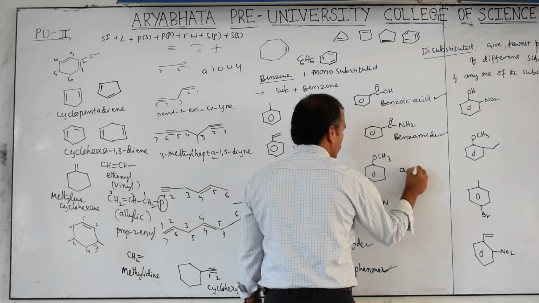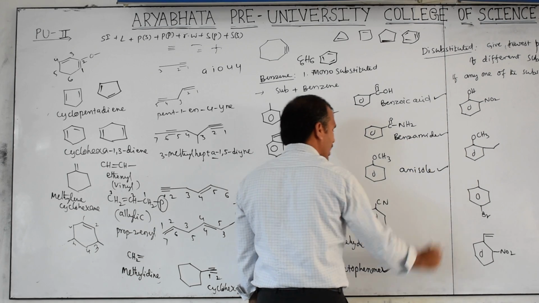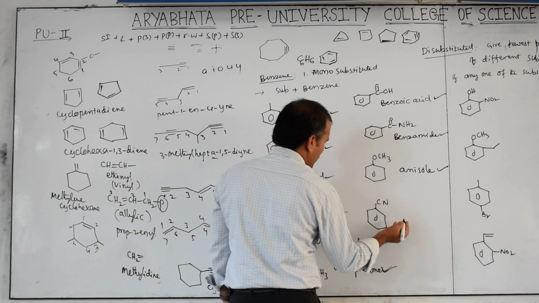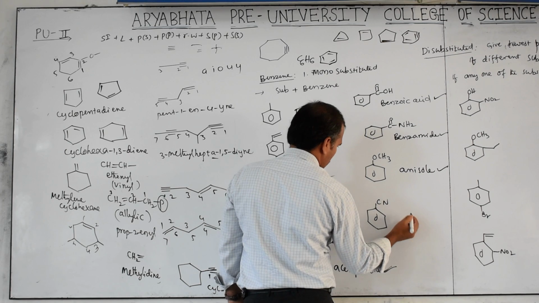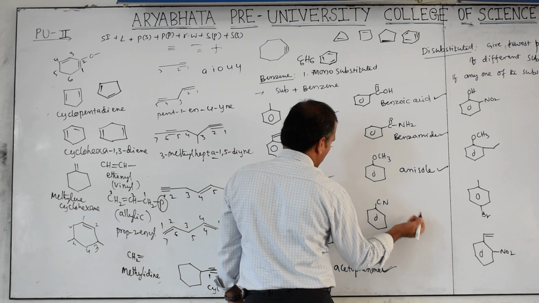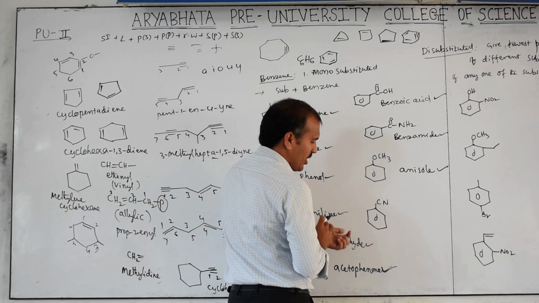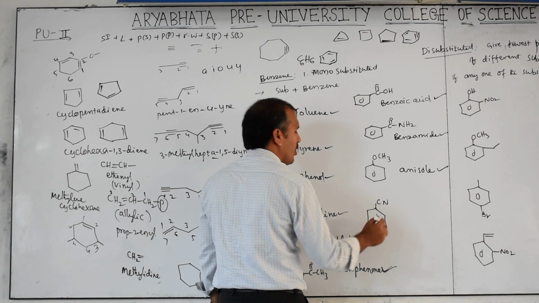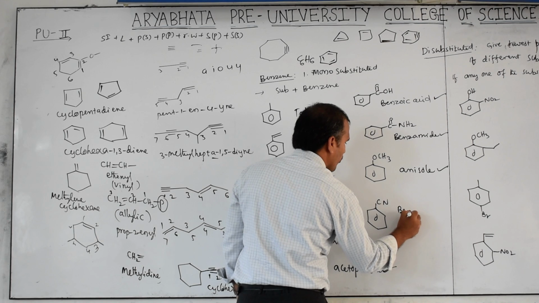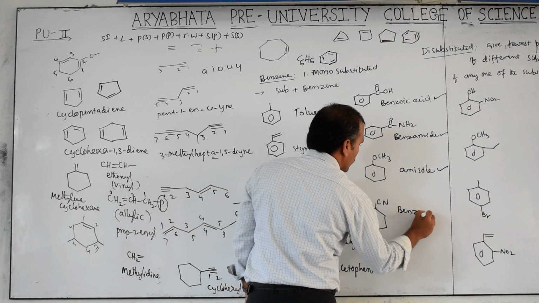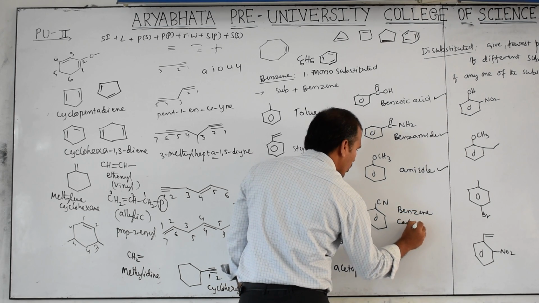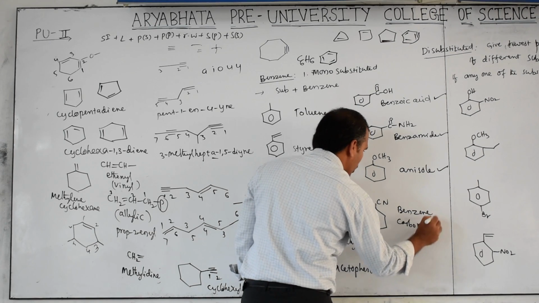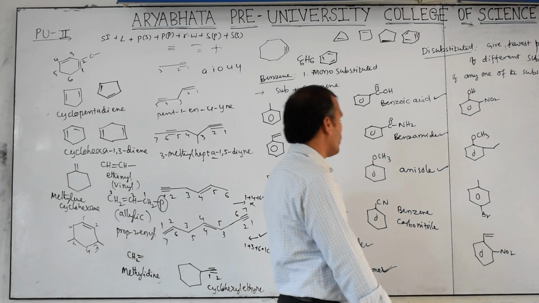Anisole, IUPAC accepted. This is which one? Cyanobenzene, but I am getting confused, I will check whether cyanobenzene is considered or not. Actually, the IUPAC name is benzene carbonitrile.